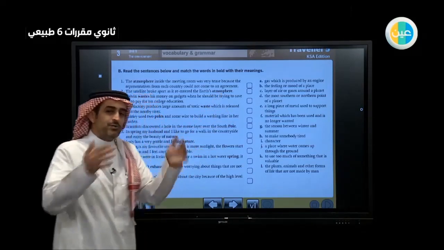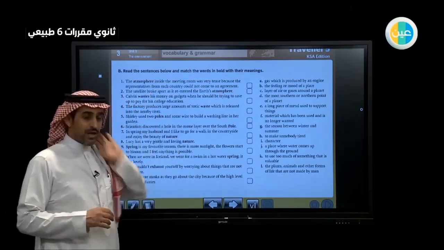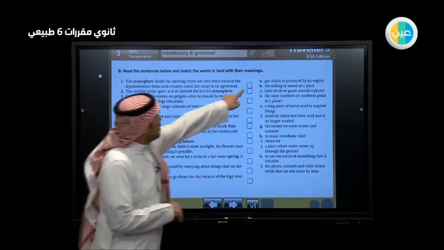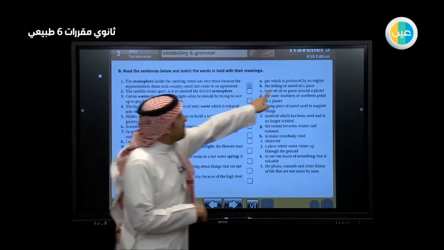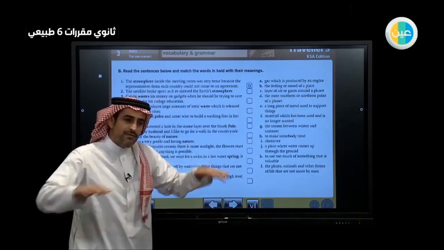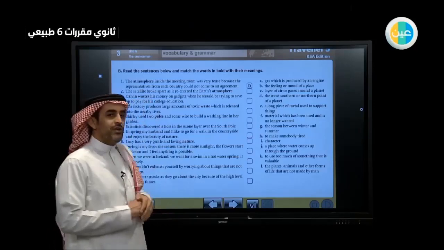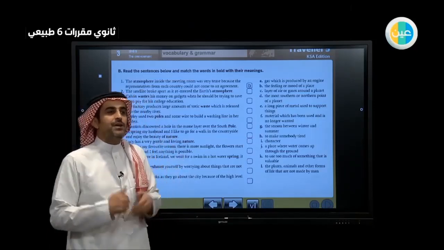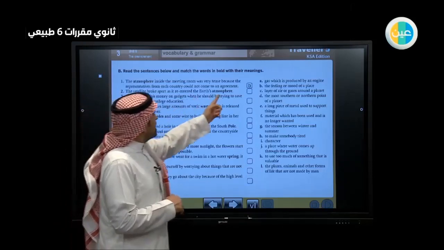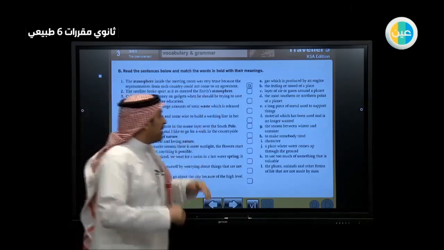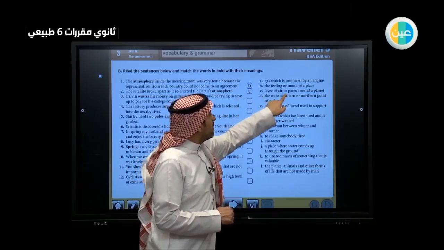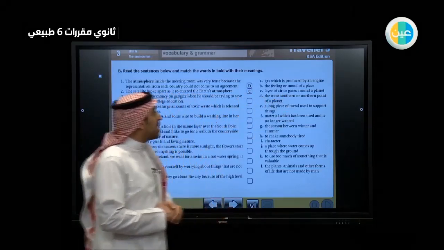The Earth's atmosphere is a layer in space. So here we find B, the feeling or mood of a place. The atmosphere in the class is very beautiful. And here, atmosphere is a layer covering the earth, so we say a layer of air or gas around the planet.